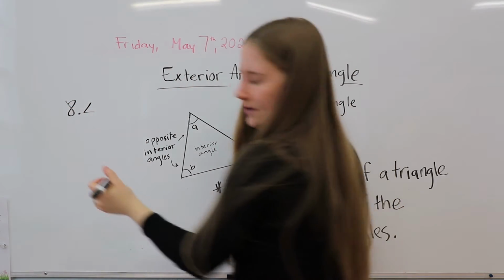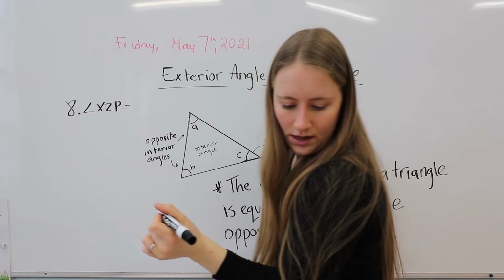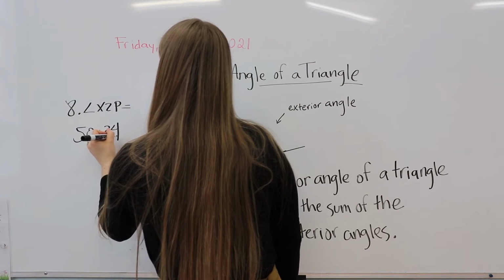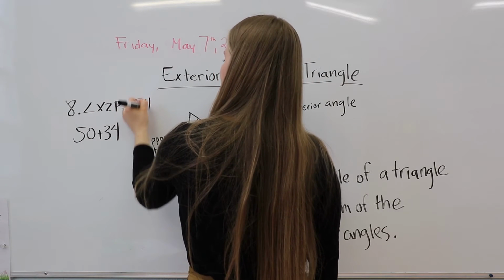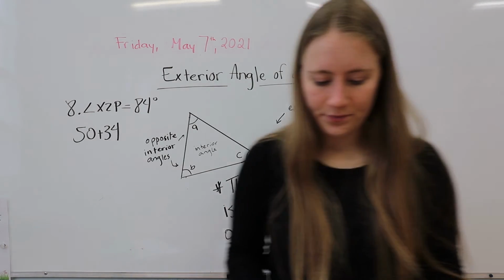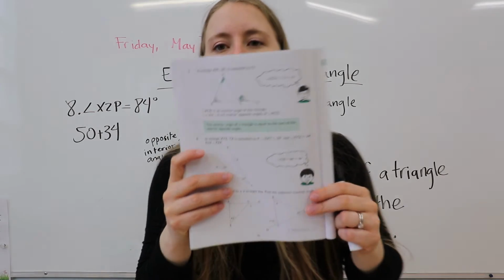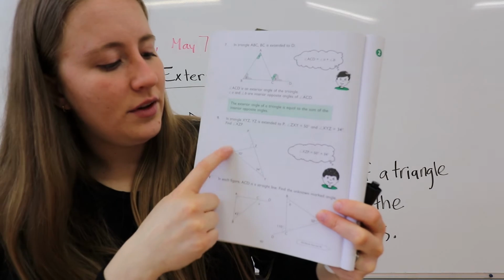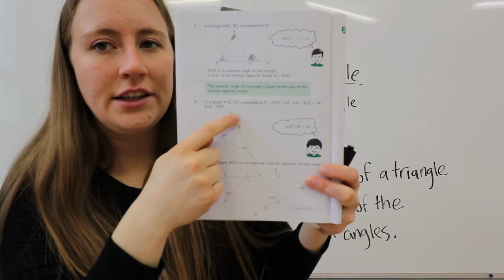Angle XZP equals, and then we have to do 50 plus 34, which equals 84 degrees. Okay. So do you see how that works? So we've added these two together because they equal the value of this exterior angle.